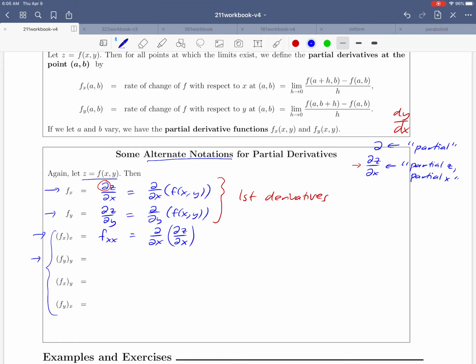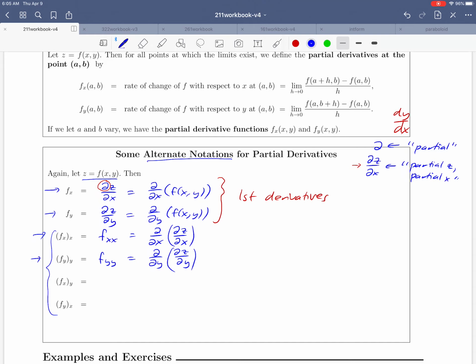Okay, and then similarly for fyy, we take the derivative of f with respect to y twice. We would start with the derivative of z with respect to y, and then we just take the derivative with respect to y again.